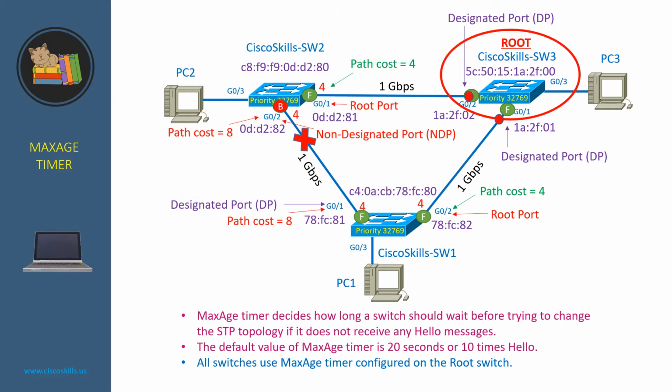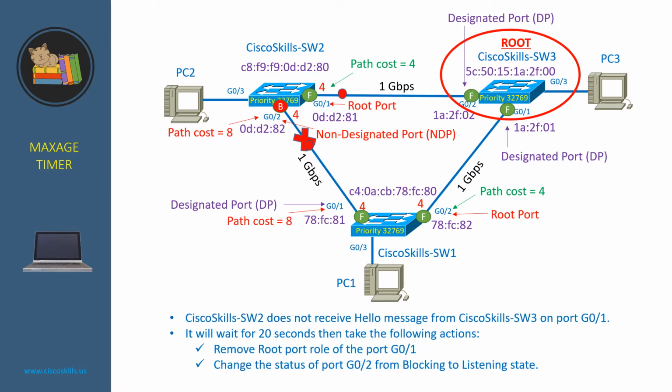As you can see, all switches receive the Hello message from the root switch. Therefore, all switches use the max age timer configured on the root switch. For example, if Cisco Switch 2 does not receive the Hello message from Cisco Switch 3 on the port G0/1, it will wait for 20 seconds, which is its max age timer, then take the following actions at the same time.